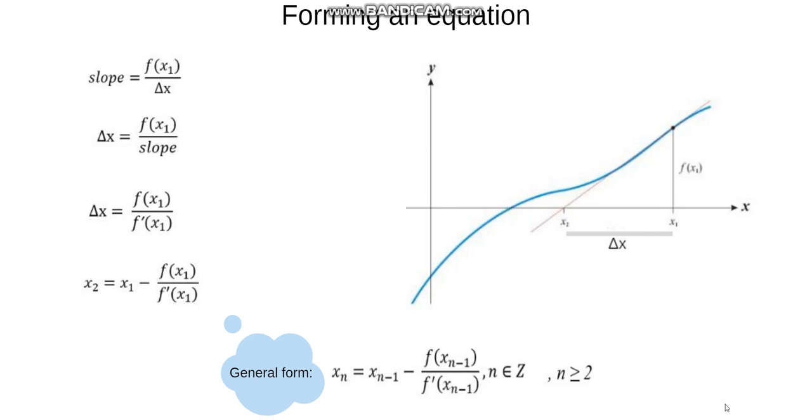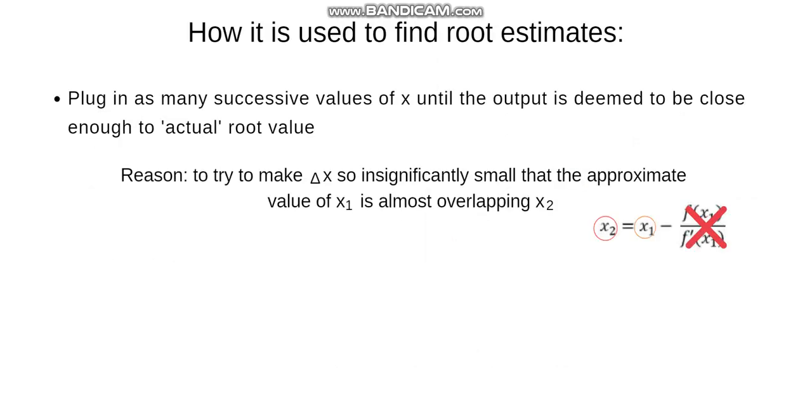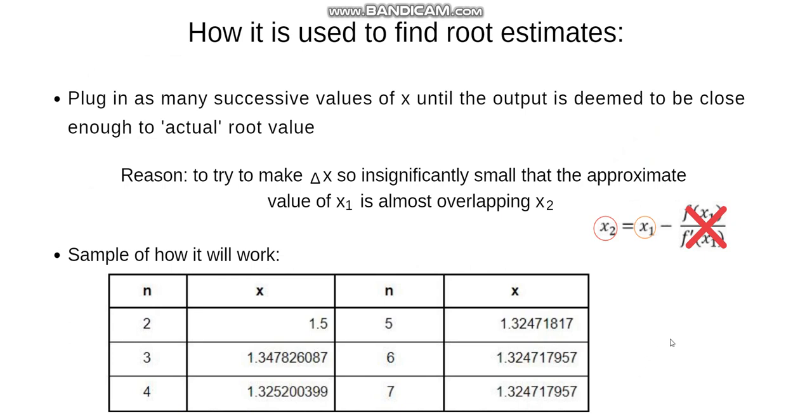I'm going to show this later in a part 2 video, so don't worry, it's going to be explained. Here's a sample of how it works. Let's say you have your second term, and then you plug it in, and you get this. This is your output. Okay, well that's really close to the root, let's say. And then plug in another term, oh, sorry, you plug in your n2 and you get this.